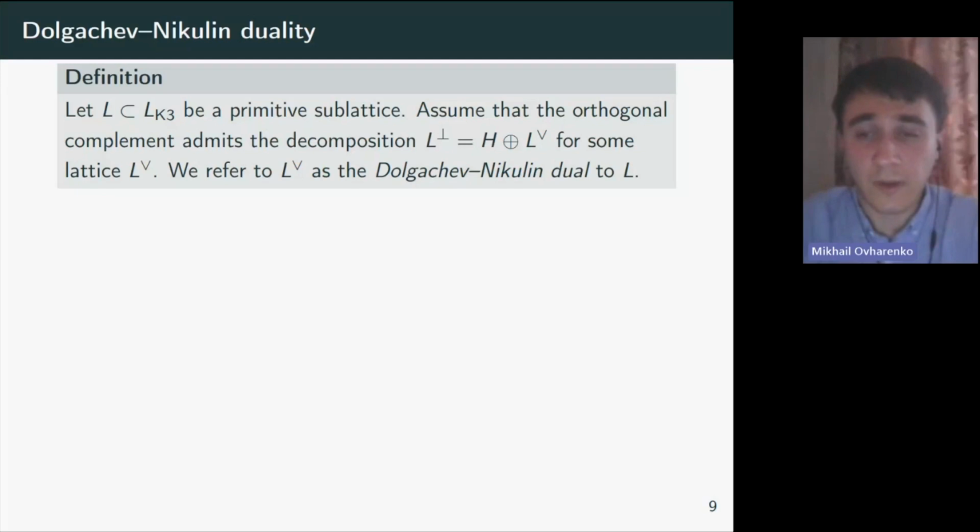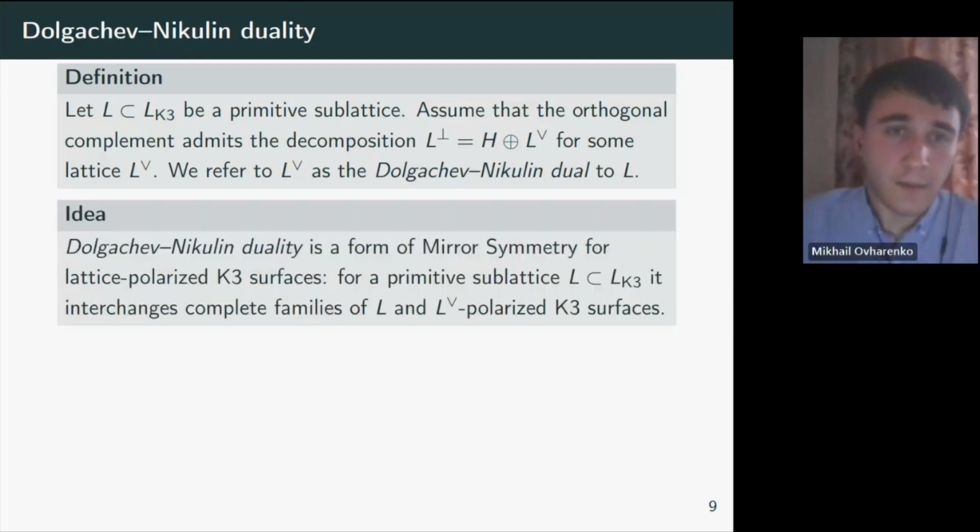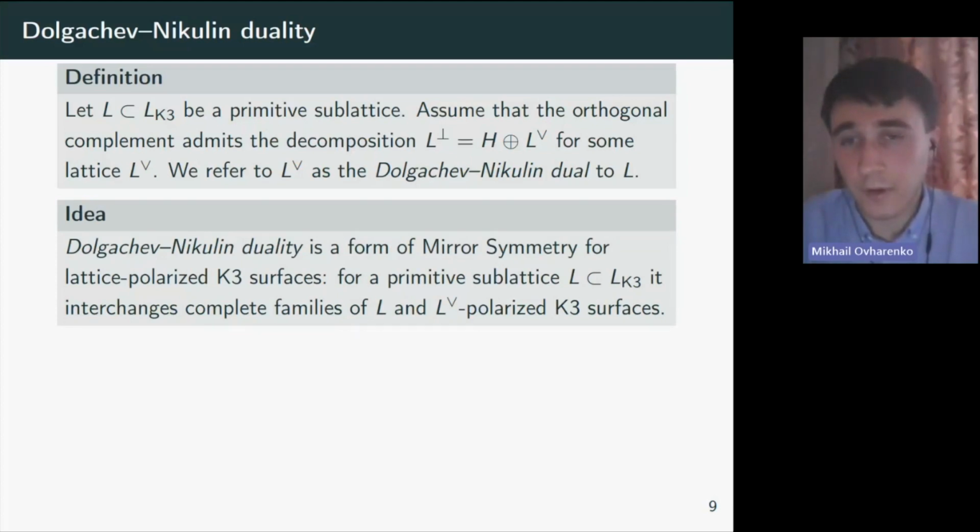I would comment on this a few minutes later. So Dolgachev-Nikulin duality is a form of mirror symmetry for lattice polarized K3 surfaces, and it acts on the level of moduli spaces of lattice polarized K3 surfaces.